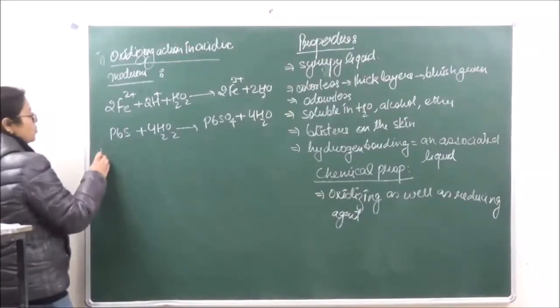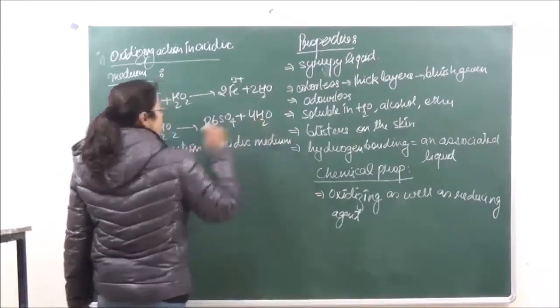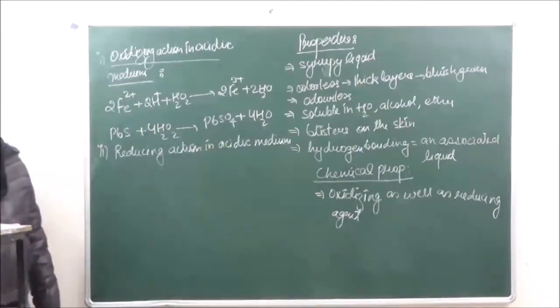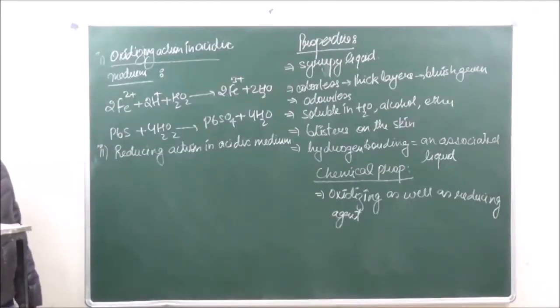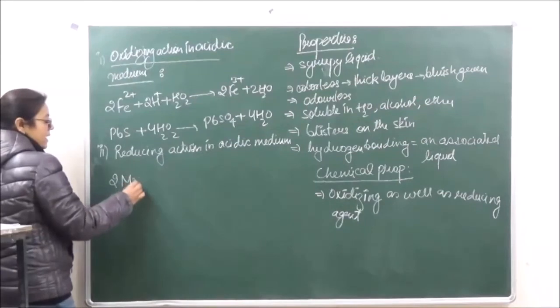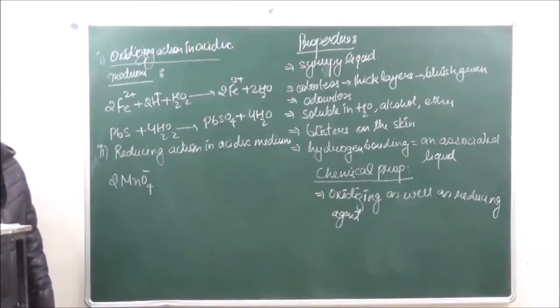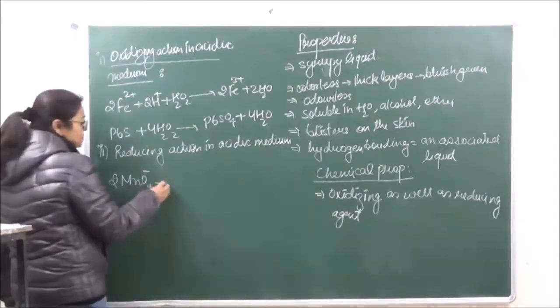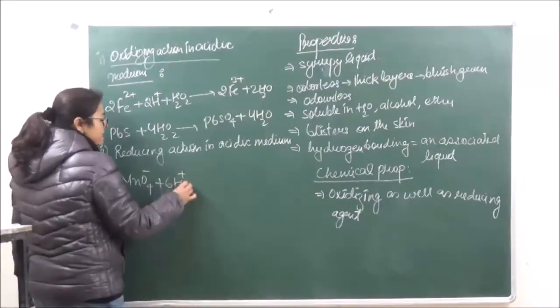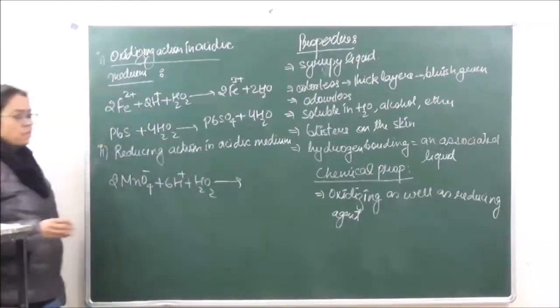Let's go on to the reducing action. Reducing action in acidic medium. We will see that permanganate ion is converted to manganese ion. So we have permanganate ion, MnO4 negative, plus the reaction is taking place in acidic medium, so plus 6H positive.